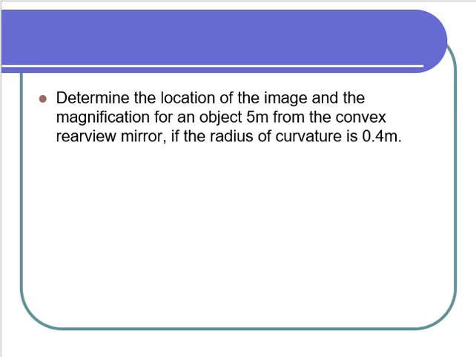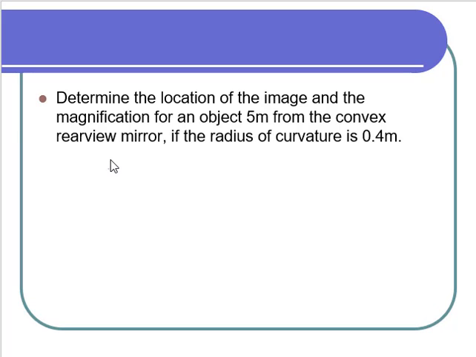Determine the location of the image and the magnification for an object 5 meters from the convex rear view mirror if the radius of curvature is 0.4. So again, we are looking for the distance of the image. Since we are looking for the distance of the image, we will be using the same equation we have.